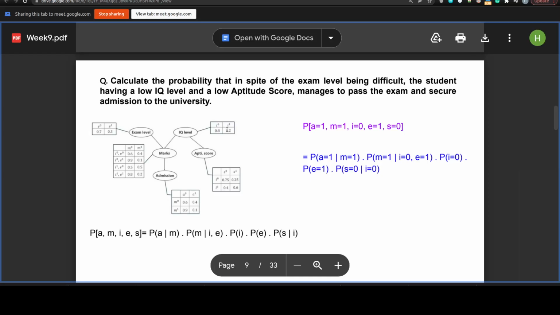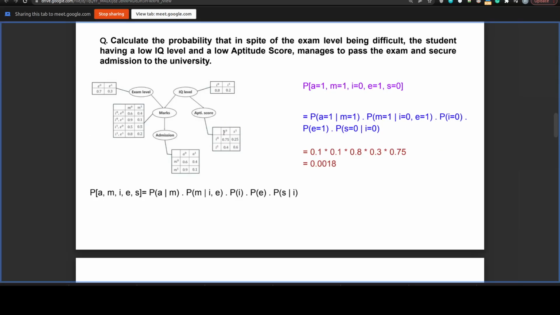P of E equal to 1 was 0.3, P of S equal to 0 given I equal to 0 was 0.75, and then there is this 0.1 of P of M equal to 1. So this will be the final probability that you will get for this particular event.